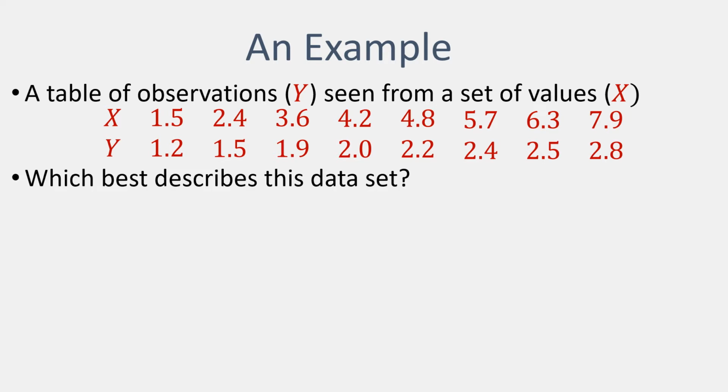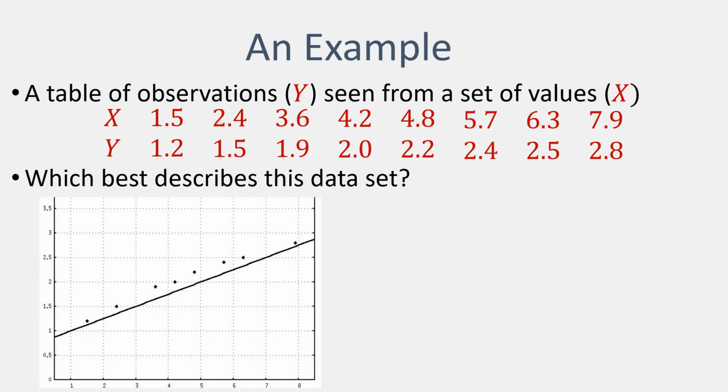Now, how do we best describe this data set as a plot on a two-dimensional axis? We could choose this solution. So here we have a line, the points of the data that we have in this selection here, and this is our line which we claim fits that data.